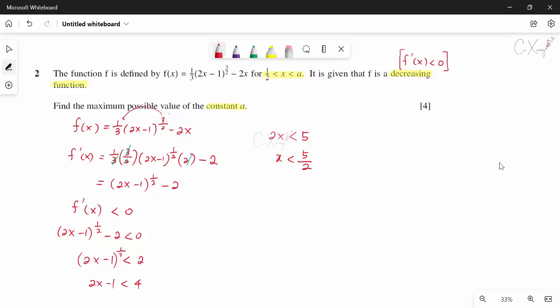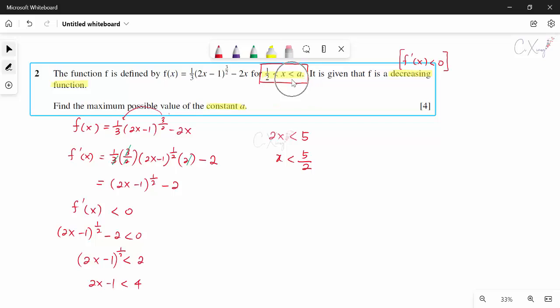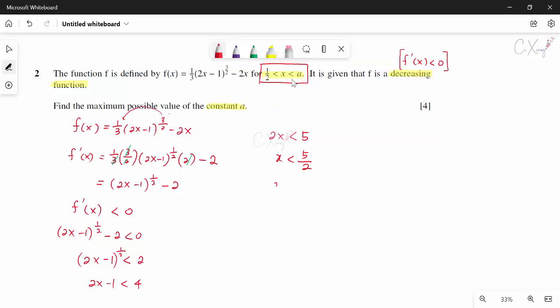So our answer is x smaller than 5 over 2. If you compare it with the domain given, you can see that this part is actually tallying with this part where a should be equal to 5 over 2. All right, so this will be the maximum possible value for the constant.